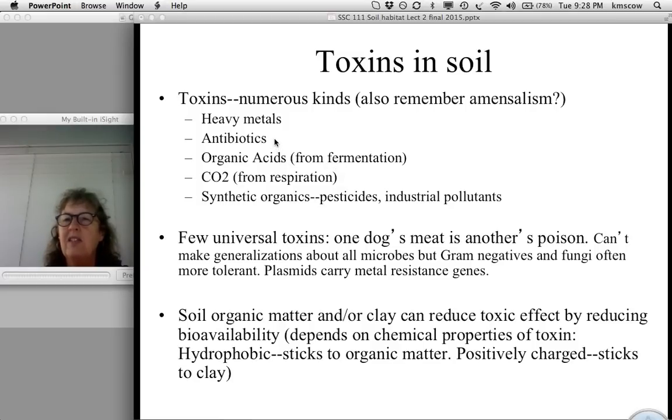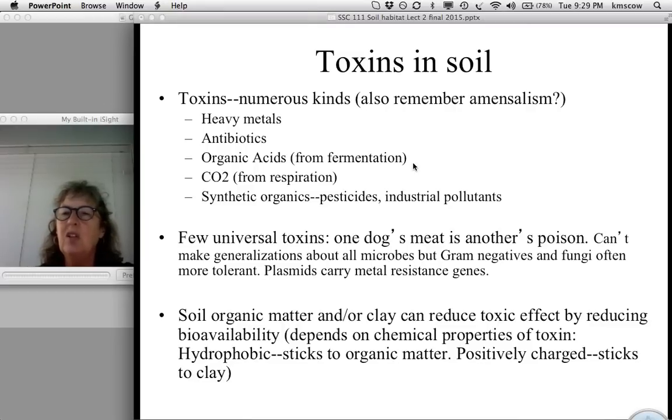There may be antibiotics in soil. We know that there are a lot of organisms that make antibiotics, and it's kind of hard to demonstrate how they're actually working in nature, but we're pretty sure that they're used by one group of organisms against perhaps another in competition. Organic acids, so some byproducts of microbial activity may sometimes be toxic to the organisms that carry out the processes. I've already talked a little bit about suicidal organisms. They don't necessarily know how not to harm themselves.